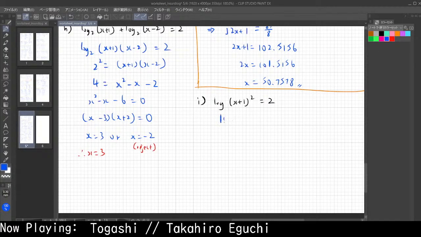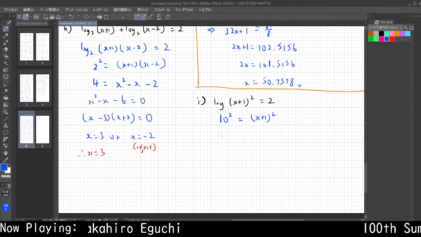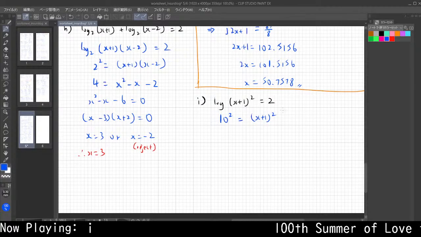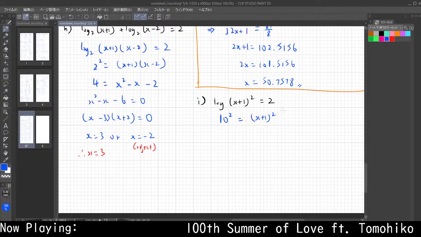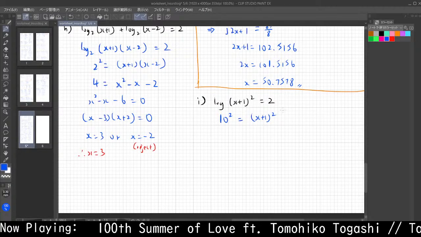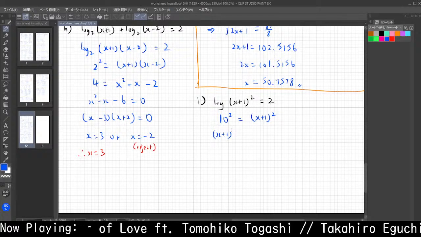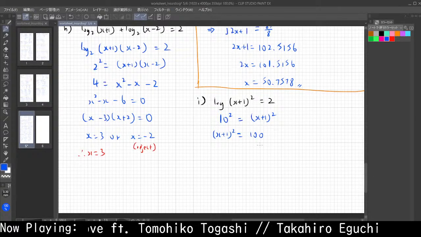Convert this into index form. The square can disappear. Yes, you can. Okay, fine. Your x cannot be negative anyway. If you want to be careful, you can. So x plus 1 squared equals 100.